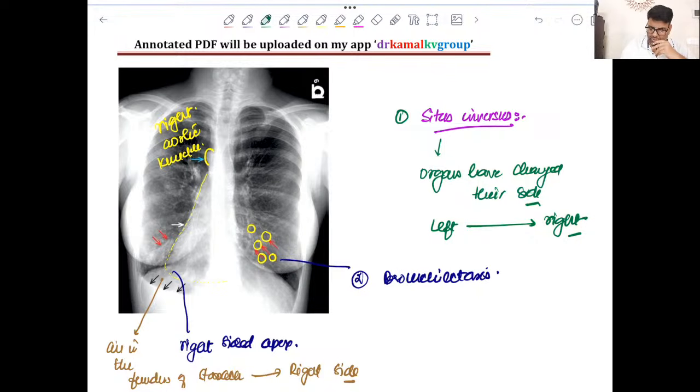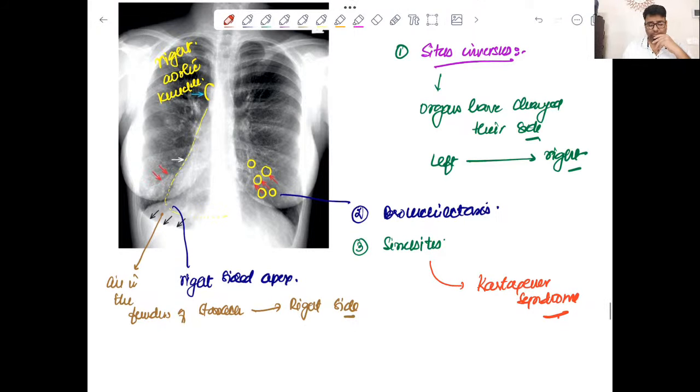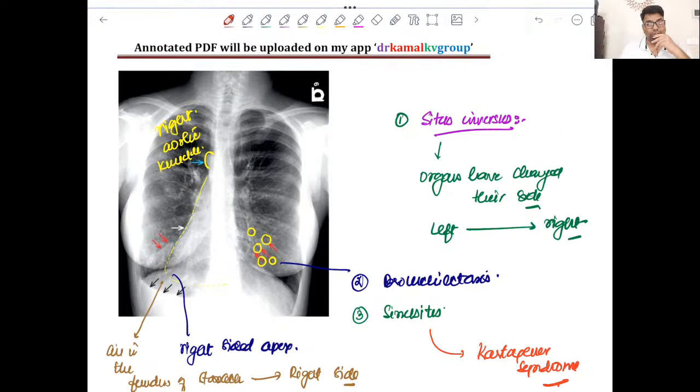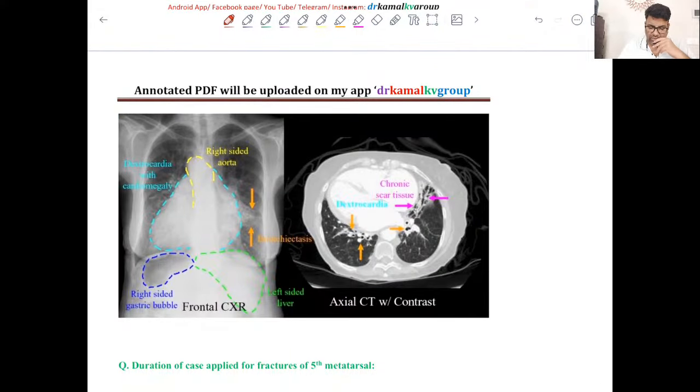And in this patient there might be sinusitis as well, and this all will go in favor of Kartagener syndrome, right? So this is what a patient of Kartagener syndrome will present with. There will be situs inversus, the organs will change their side, there will be bronchiectasis, and there will be sinusitis. So this is a classical X-ray for Kartagener syndrome. Okay. So this is what we will see in Kartagener syndrome.